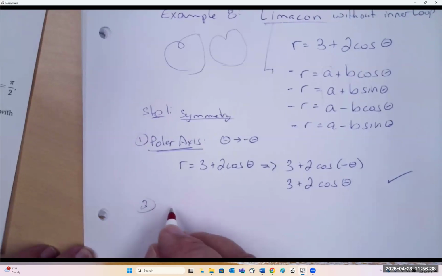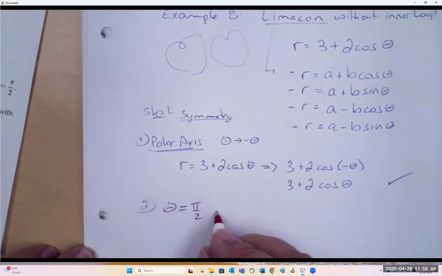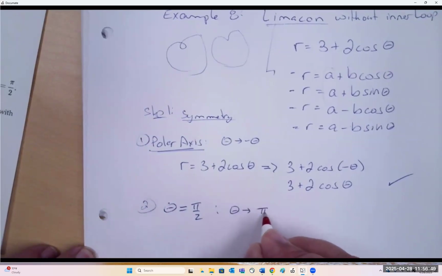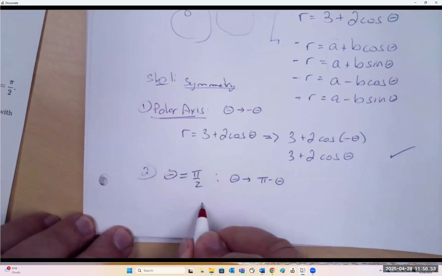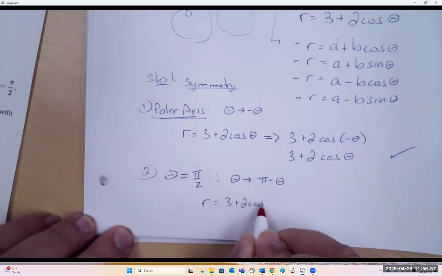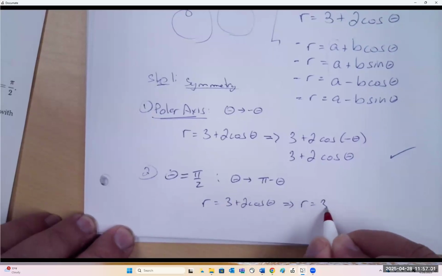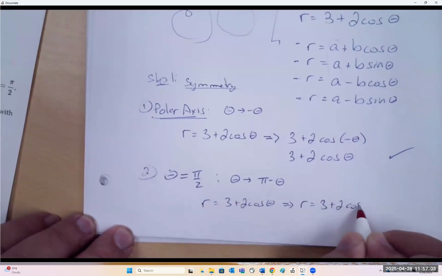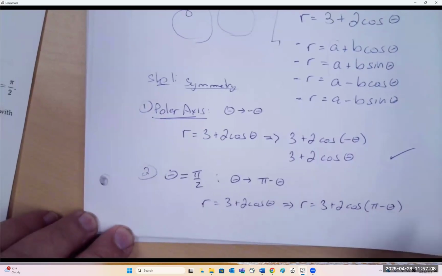Next, let's do the vertical line, theta equals pi over 2. So we have 3 plus 2 cosine theta becoming 3 plus 2 cosine of pi minus theta.